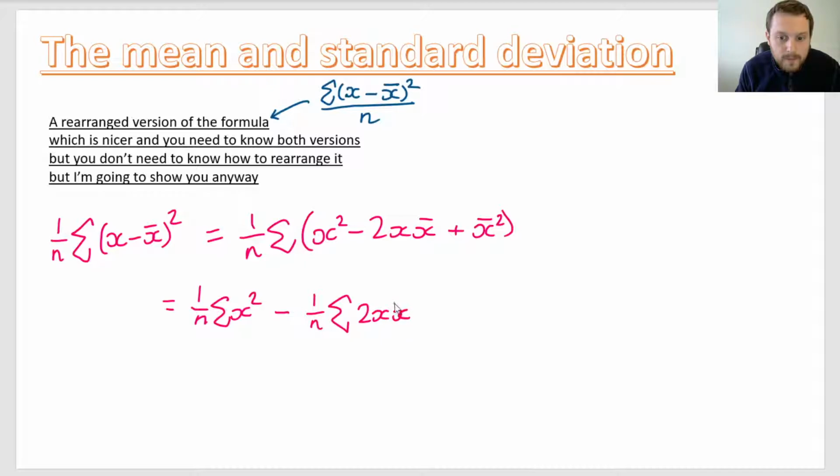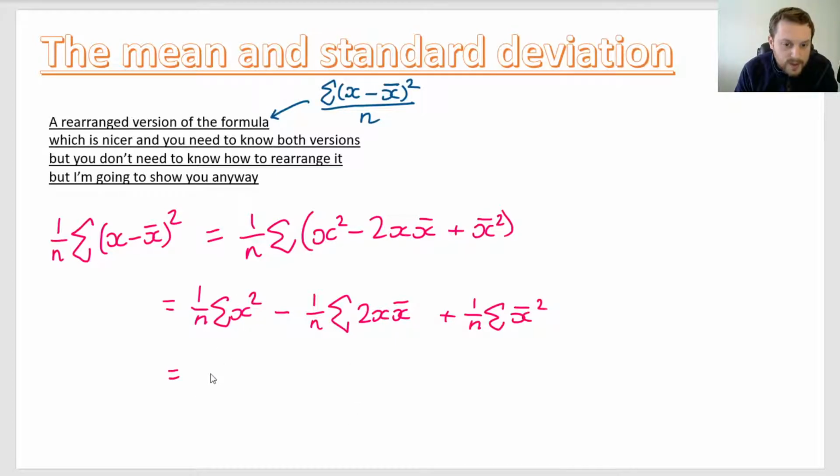Right. Okay, so if we were in class, I would be able to do this in a bit more detail and answer your questions. As I say, you don't need to know how to rearrange it, and you don't need to fully follow this. I'm just going to try my best to explain it.